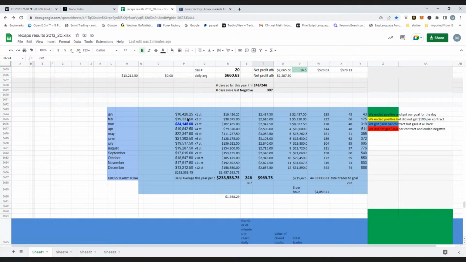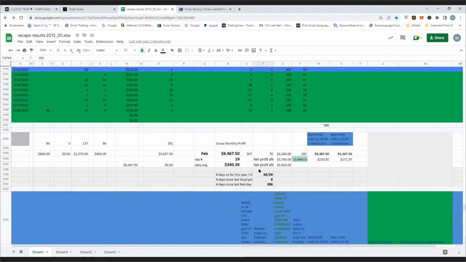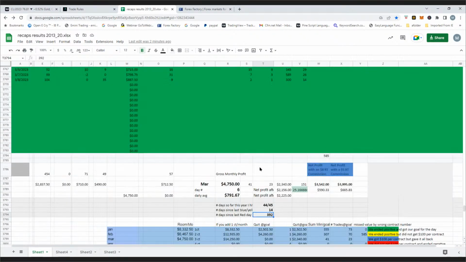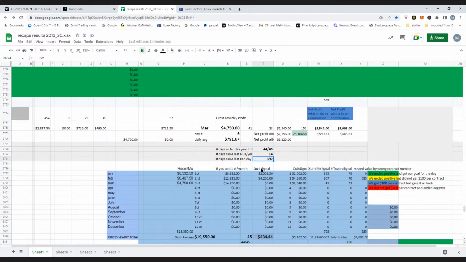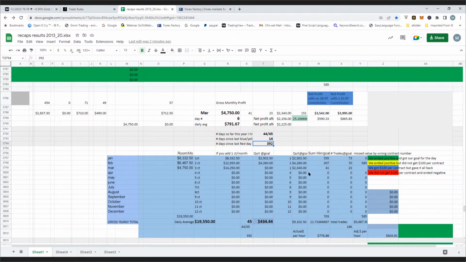So these are the 1 contract numbers for the months, all of last year. And this year they're lower than that because I'm stopping to train for about an hour just about every morning, and so I don't put as many trades on. But now that I added the NQ and I added the arrows, those numbers are going to be going back up. That tripled the number of trades.